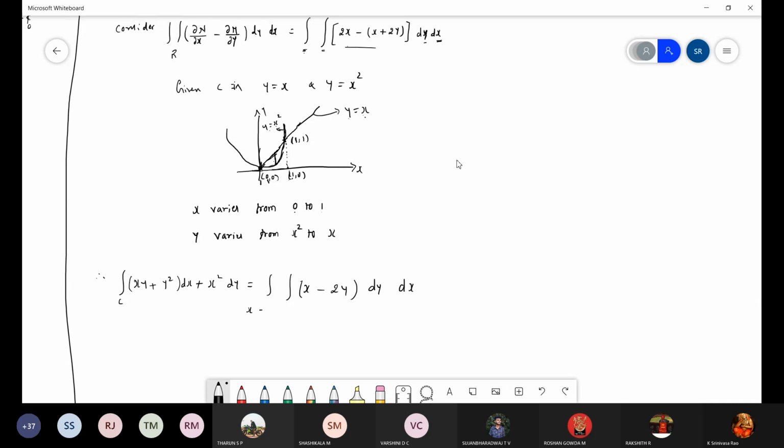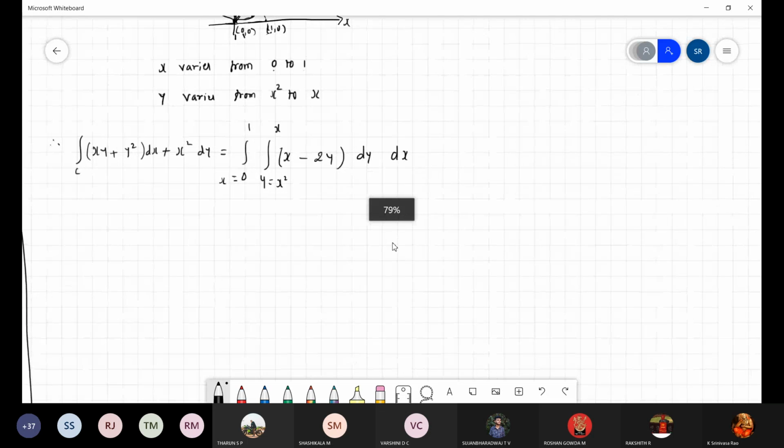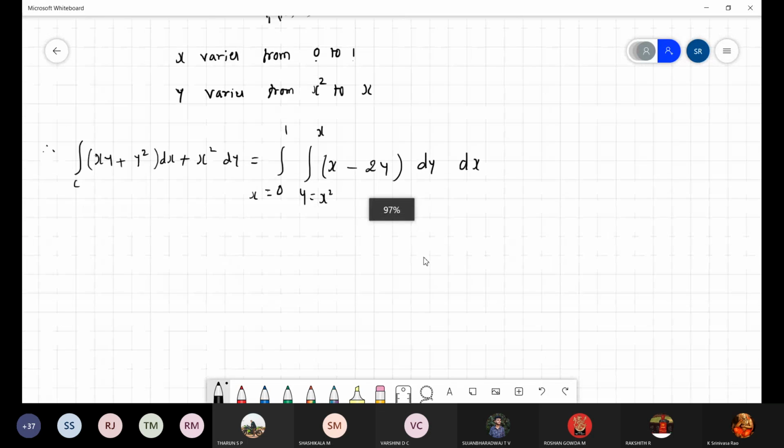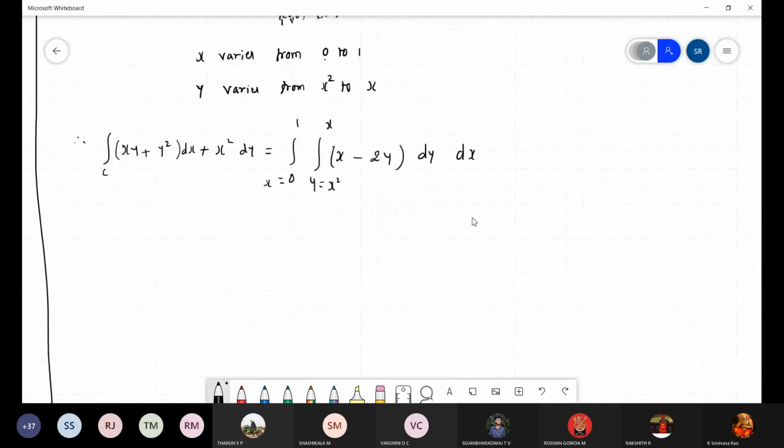Now x goes from 0 to 1, first limit, it is written here, and y goes from x square to x. Like this you have to solve. See, we are not integrating here, just substituting the limit. Got it? Any doubt? This is a little bit lengthy.